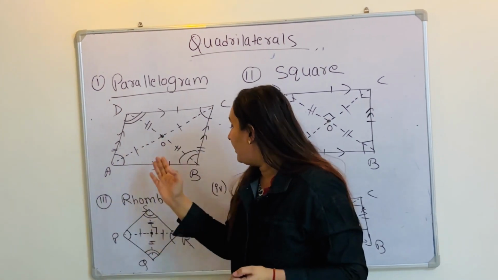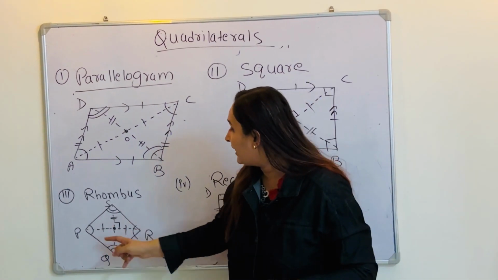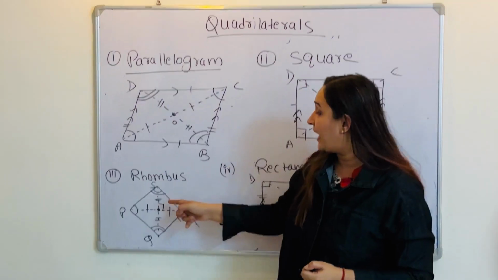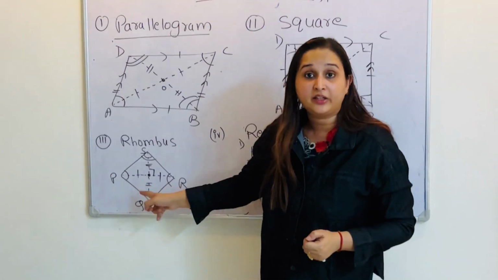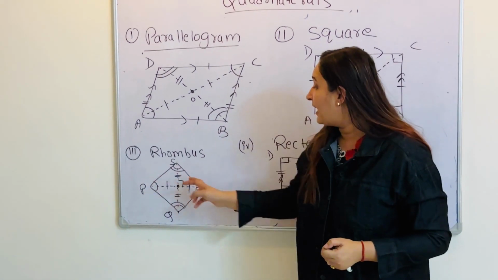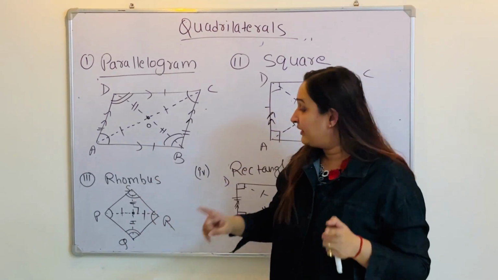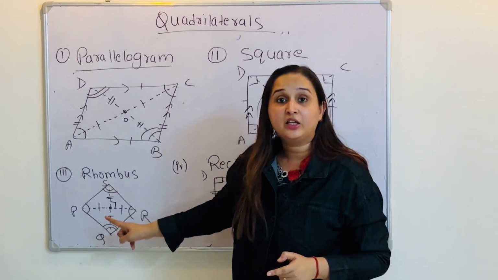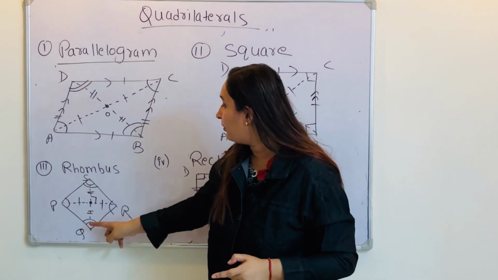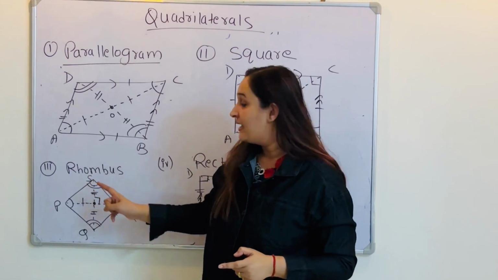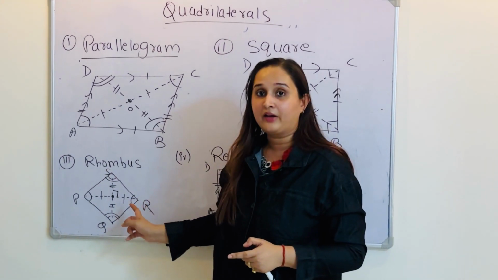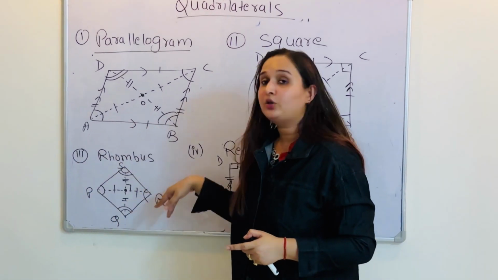So this is my rhombus in which the diagonals bisect each other at 90 degrees, but they are not equal. The vertex angles are not equal, but the opposite angles are equal in a rhombus. So Q is equal to S and P is equal to R, right? So that is the case of a rhombus.